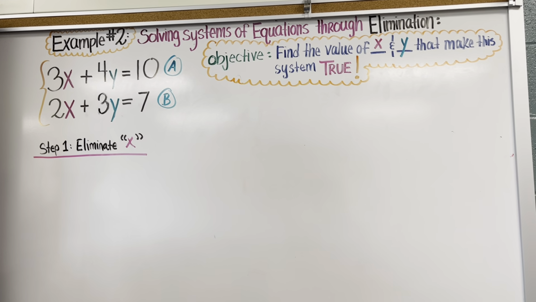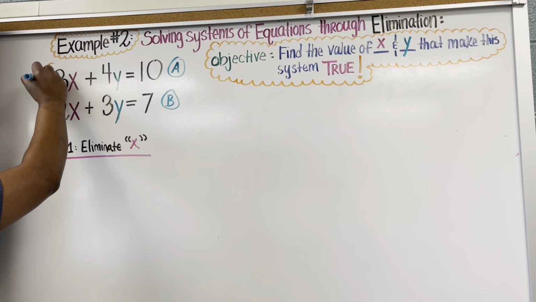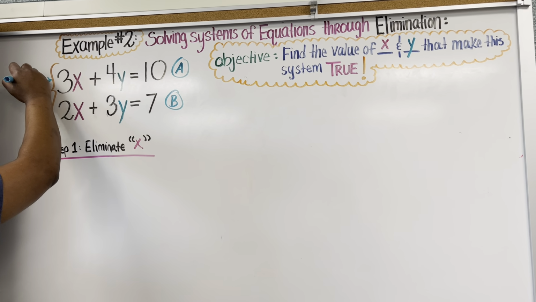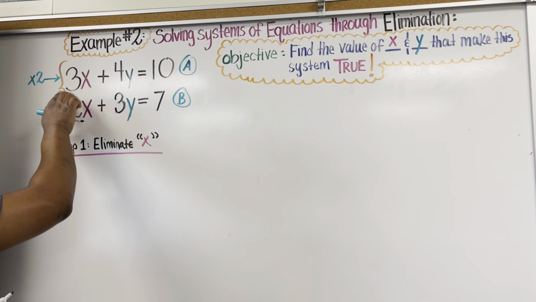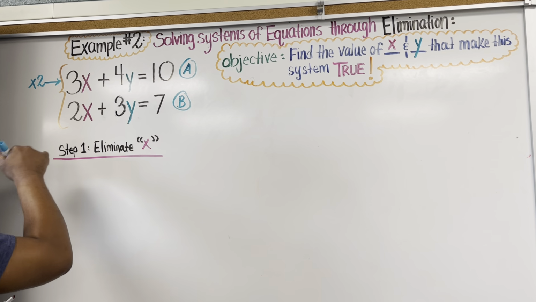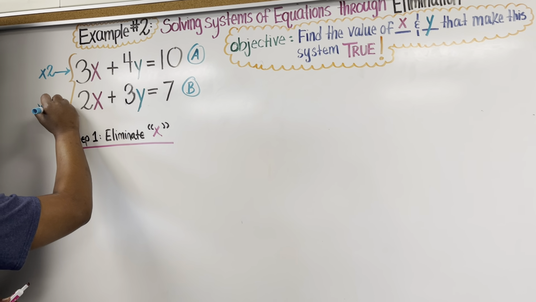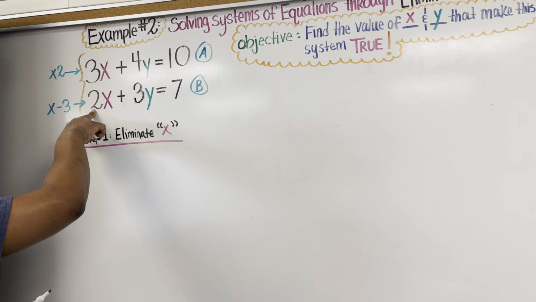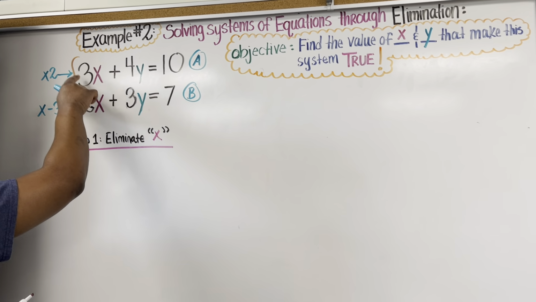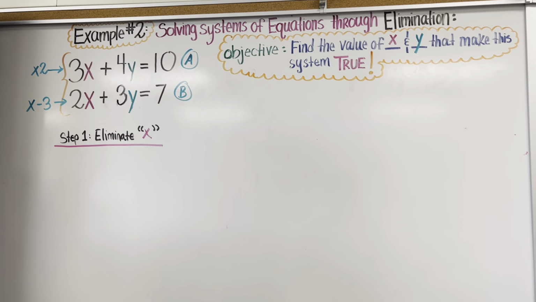So what we should do is multiply this equation by a positive 2, so it could become 6x, and everything else will also be multiplied by 2. And then we're going to multiply this equation by a -3, because I want this to become a -6x. So a positive 6x and a -6x can both cancel out, okay?